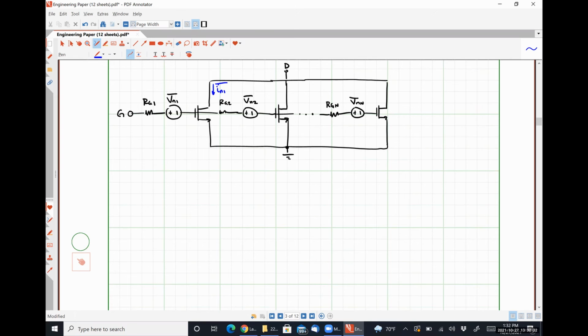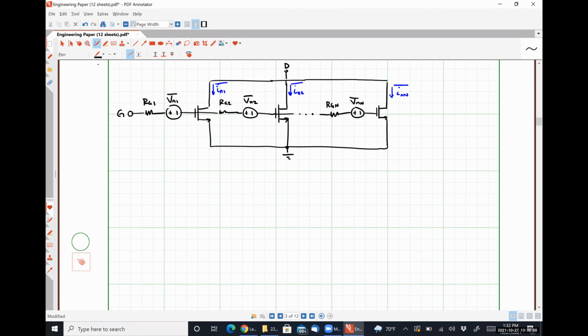Because this transistor converts voltage at the input to current flowing through the drain at the output. So we'll have some current IN2, like so, and we'll also have a current here, INN, like so.